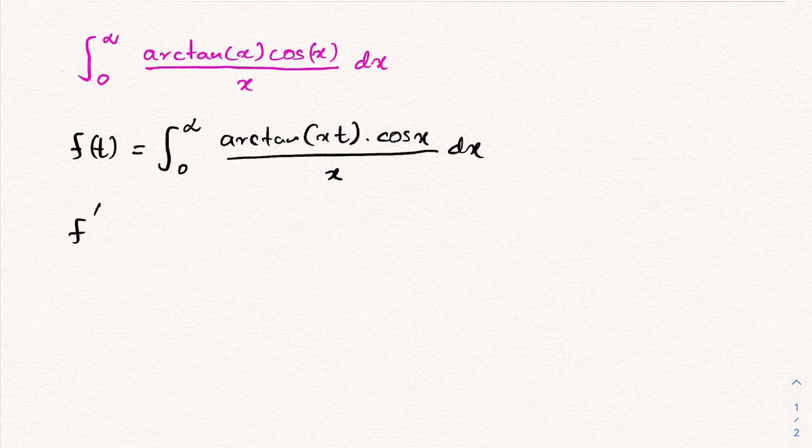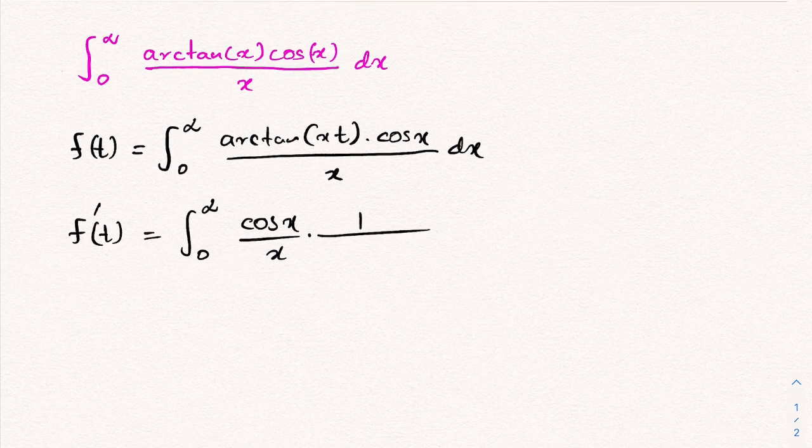So here we have f dash of t is equal to the integral from 0 to infinity of cosine of x over x times the derivative of arctan of xt with respect to t. We know that is 1 over 1 plus x square times t square. Then according to the chain rule we should multiply by the coefficient of t, so here x times dx.